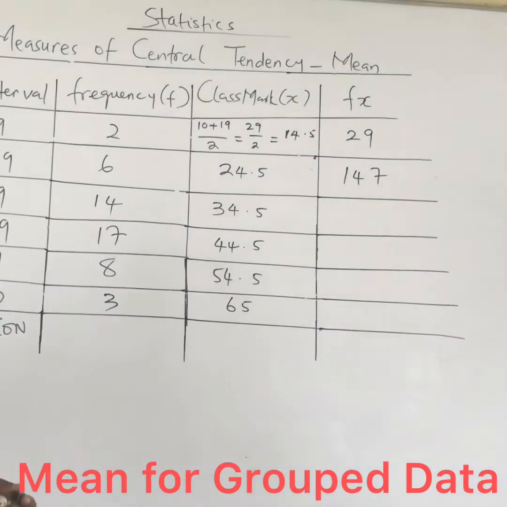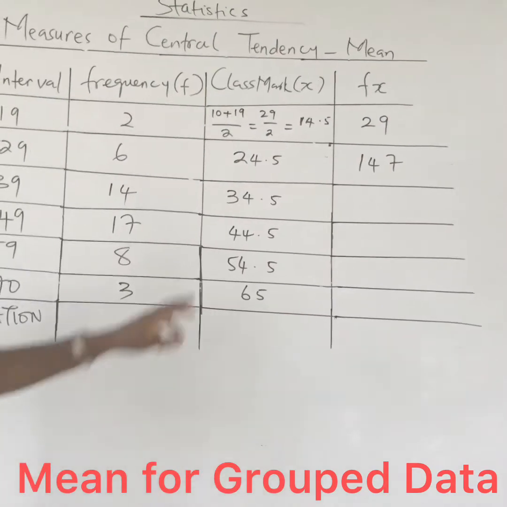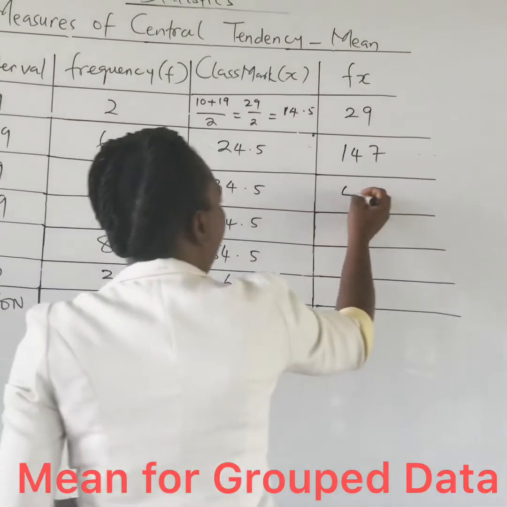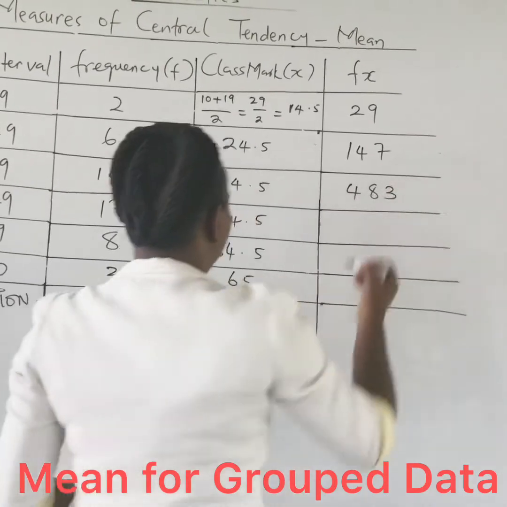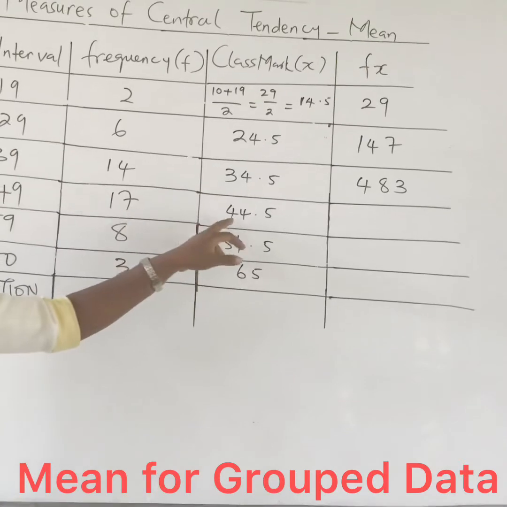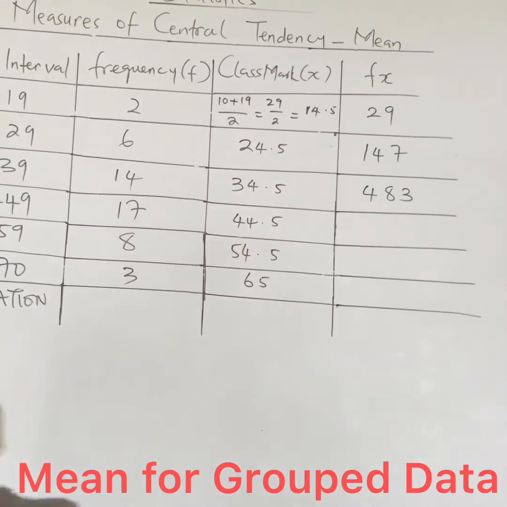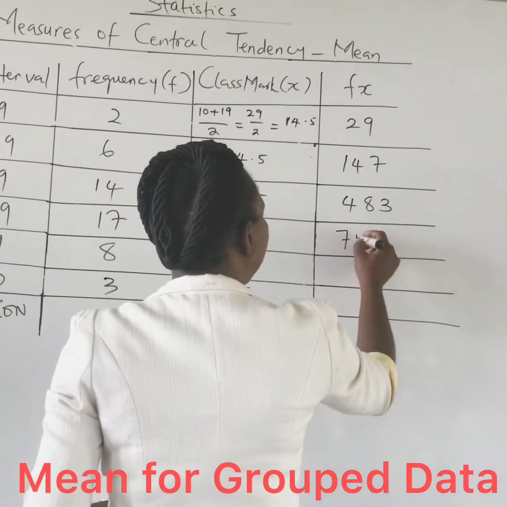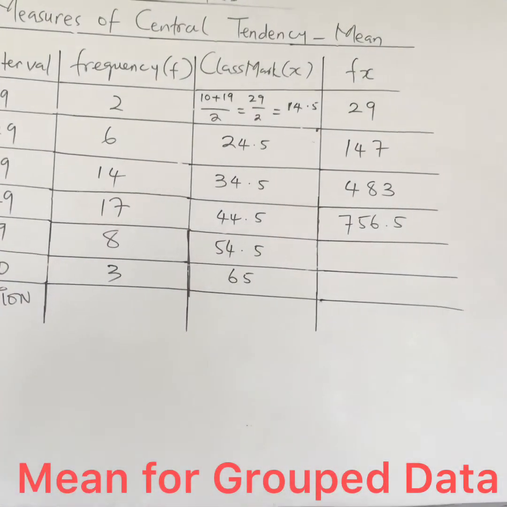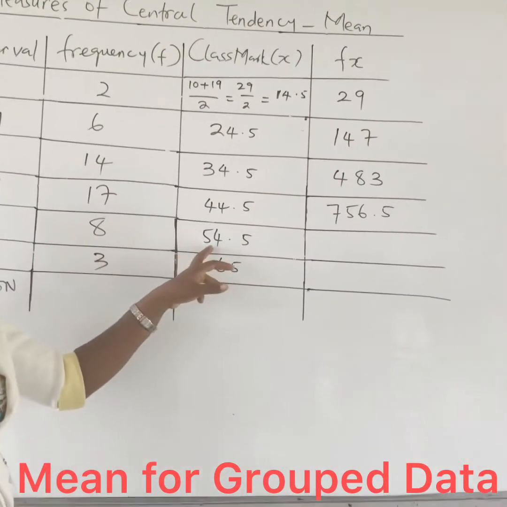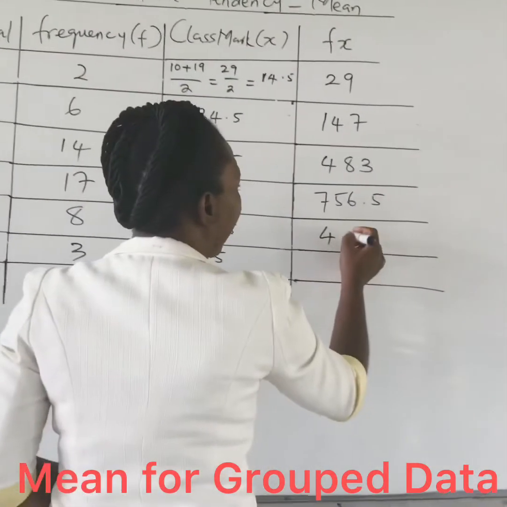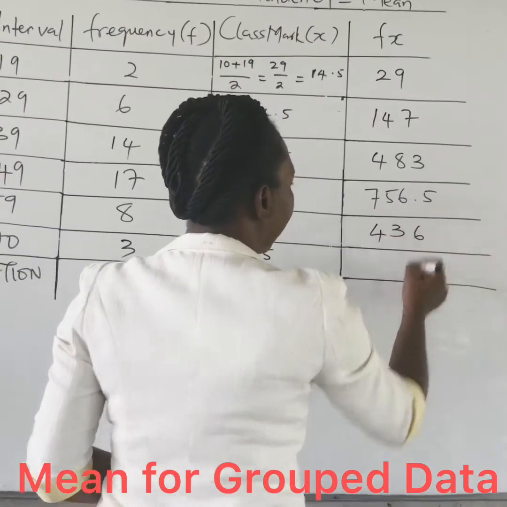Next we'll multiply 14 by 34.5, and that will give us 483. Next we'll multiply 17 by 44.5, and that will give us 756.5. Next we'll multiply 8 by 54.5, and that will give us 436.